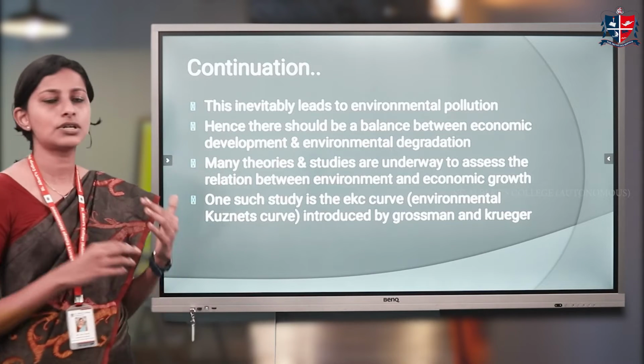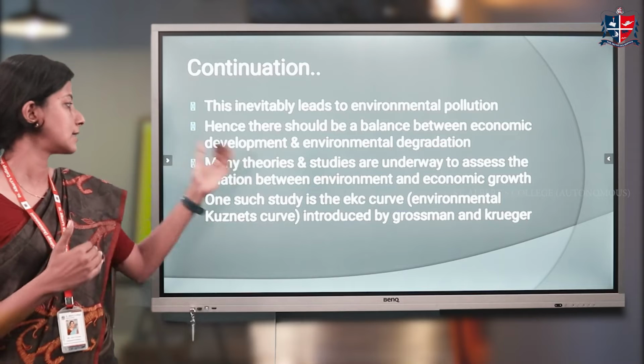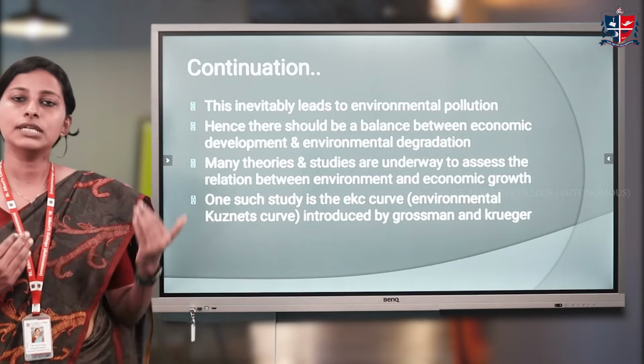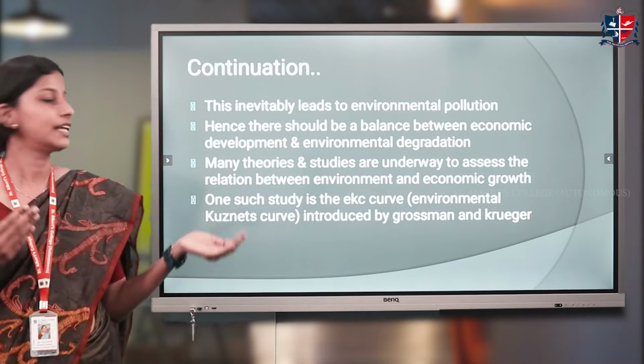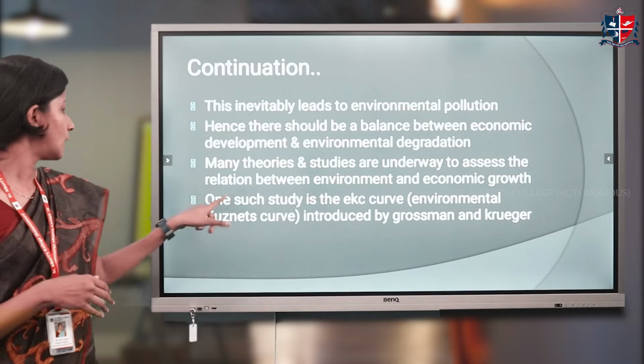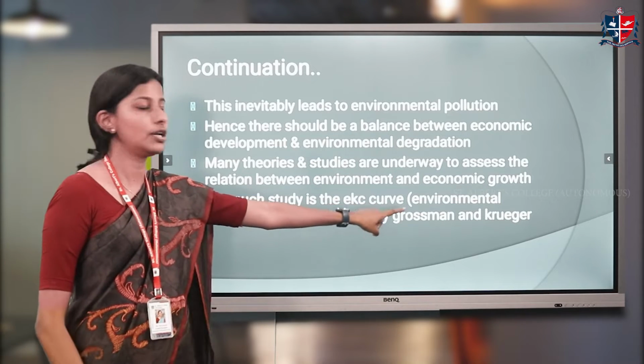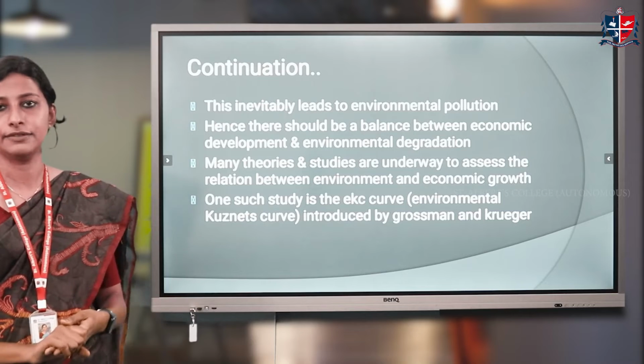There are many studies or theories going on to analyze the relation between environmental degradation and economic growth. One such study is the EKC curve, the environmental Kuznets curve, proposed by Grossman and Krueger, two scientists.